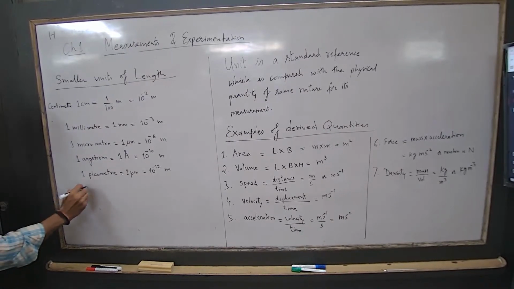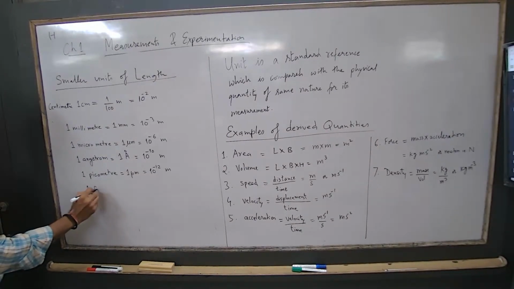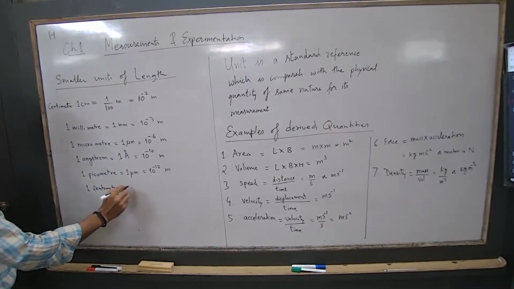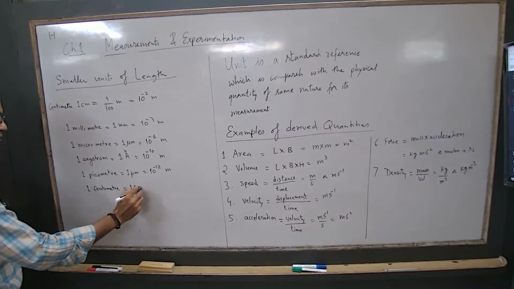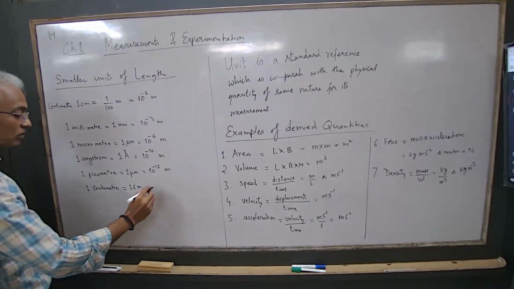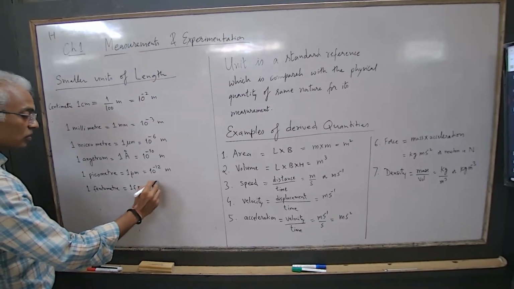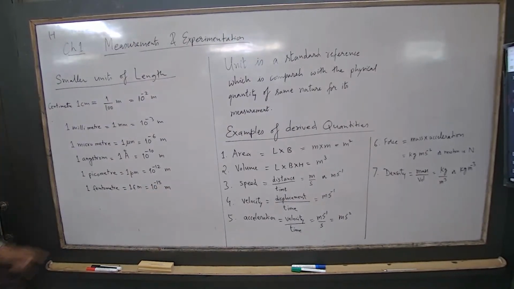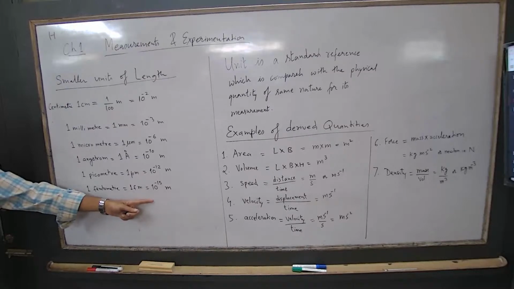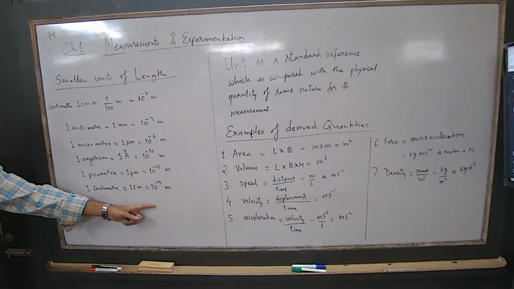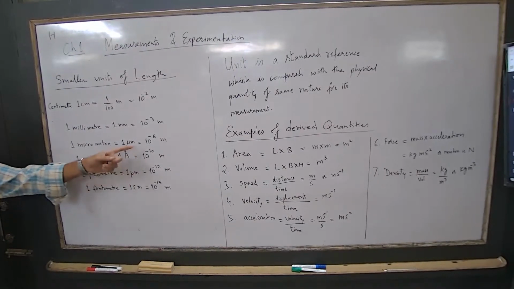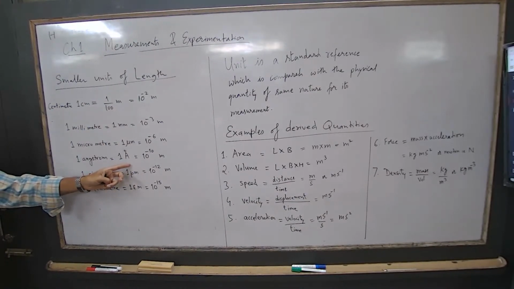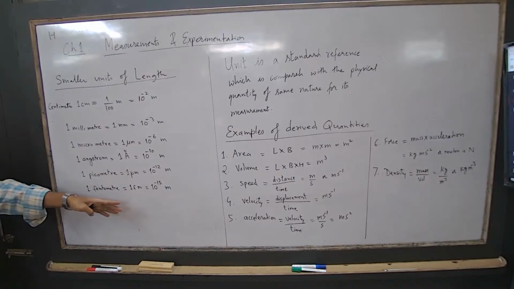Then you also have 1 fm, femtometer, which is 10 raised to minus 15 meter. This is the nuclear size. The nucleus is this small, a 1 lakh part of the atom. So the nucleus is so small.